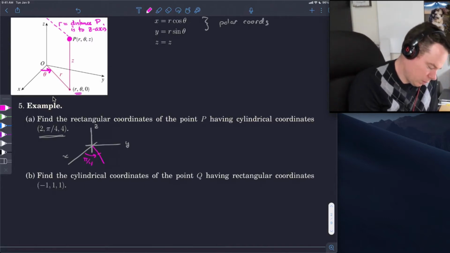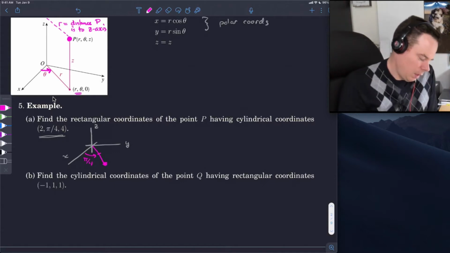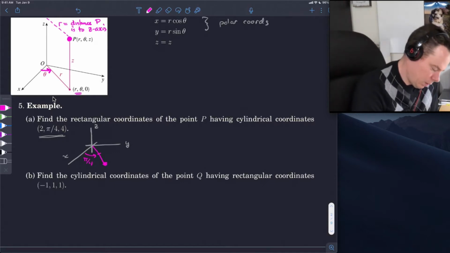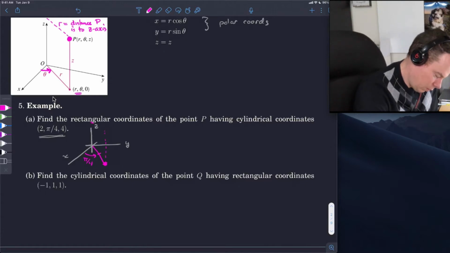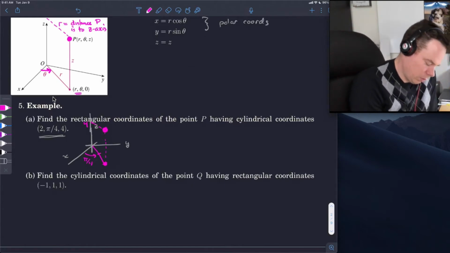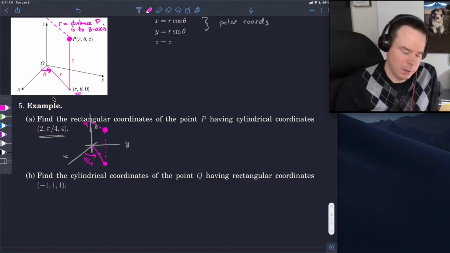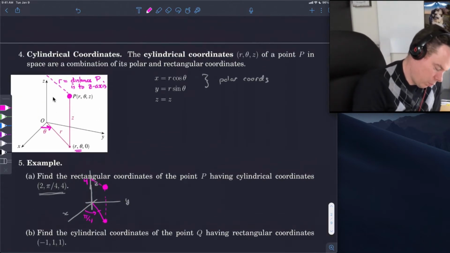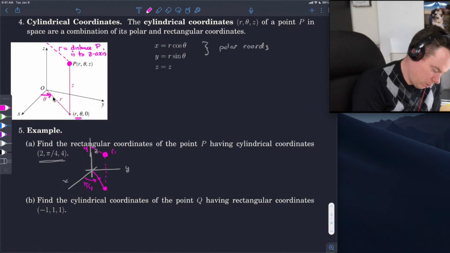We're 2 units along that. And then that is raised up 4 units to the corresponding z value. So maybe with a little bit of perspective here, I'll draw it coming down. So there's our z value of 4, and there's our point we're interested in. And that's the point that has those corresponding polar coordinates.